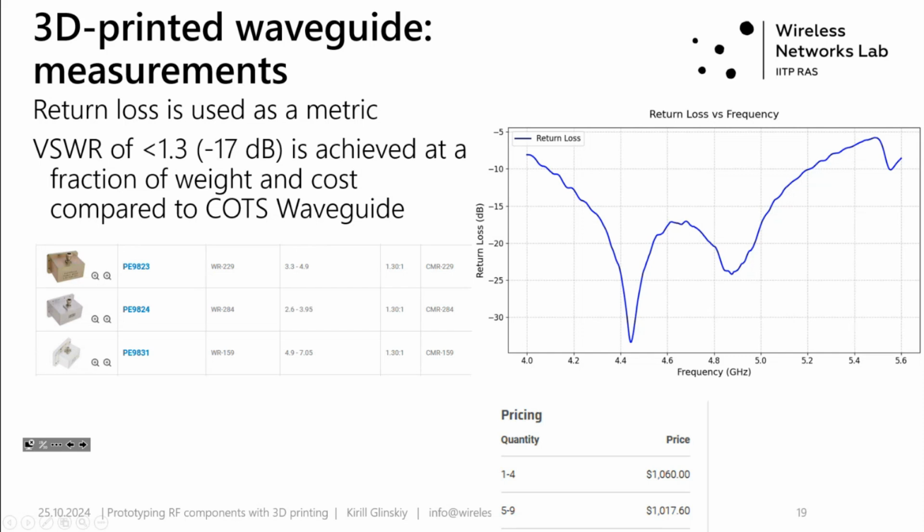Okay, thank you. The next question probably from me. On this slide, you show return loss, and this is the experimentally obtained return loss of the developed waveguide. Am I right? Yes.